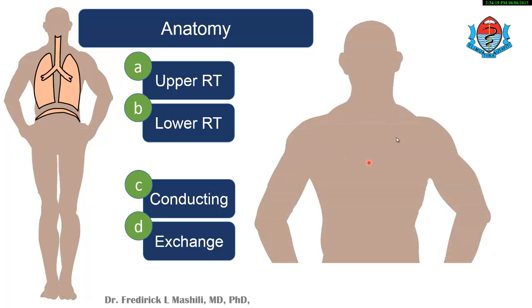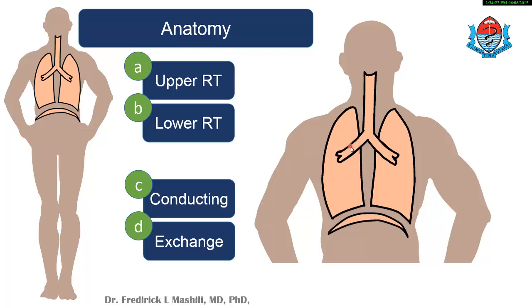If you take a look at this diagram here, what you can see is what we call the chest, and within the chest you have the lungs. The lungs are confined within the chest, but what we need for the lungs is expansion. Why should the lungs expand?